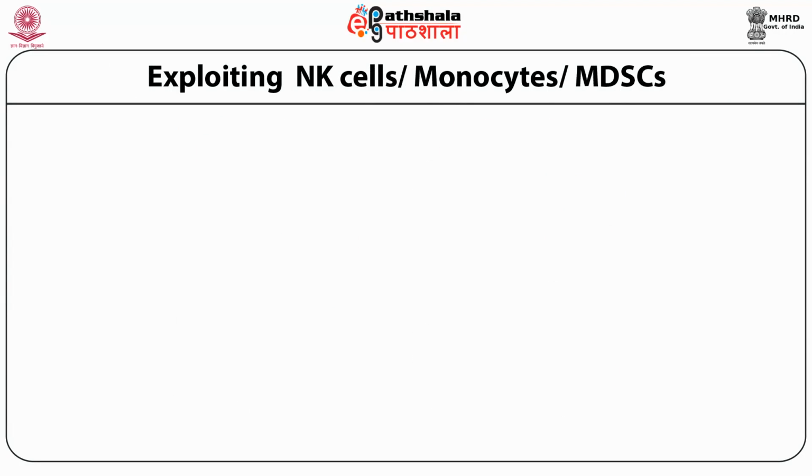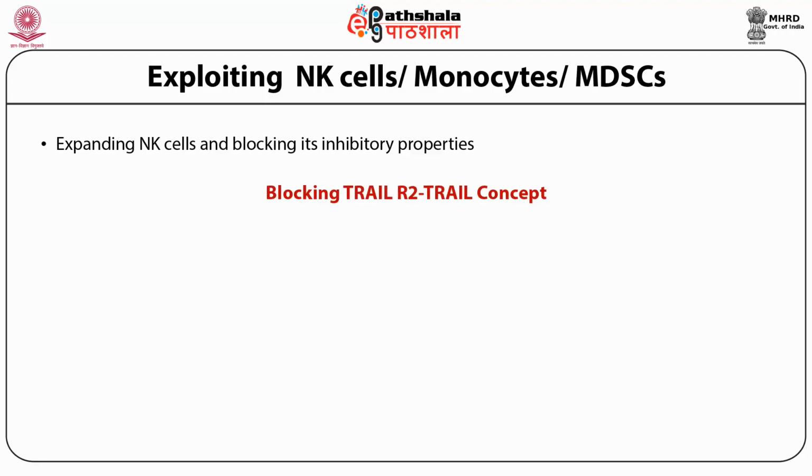Other than all these cells, how will innate immunity exploit NK cells, monocytes and MDSCs in clearing the virus? Once NK cells are expanded, you block their inhibitory properties. So blocking the TRAIL-R2 TRAIL axis will enhance the viral clearance.